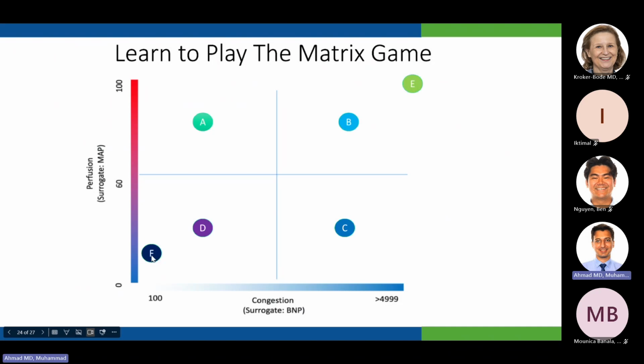But when you look at it and you say, well, how do I get the patient to A? We talked about inotropes, but in this patient, you're exactly right, vasopressors, because we want to go straight up, just the same way vasodilators come straight down. Vasopressors go straight up. So for that F patient, the first thing you do is start them on Nor-Epi.